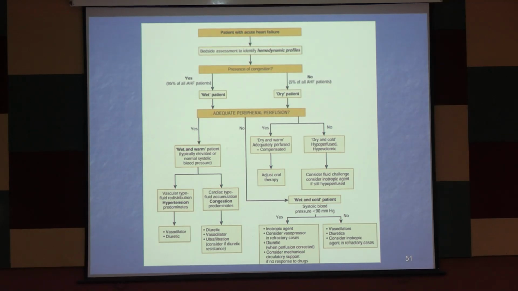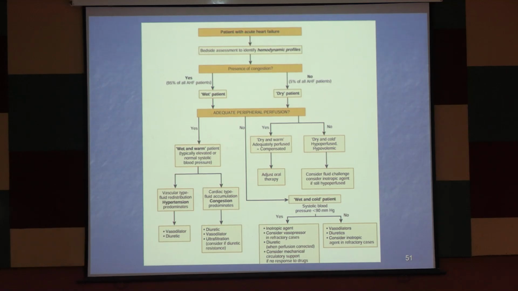Then check for systolic BP. If less than 90 millimeter of mercury, go for inotropic support, consider pressure therapy and diuretic therapy after correction of the hypoperfusion, and ultimately the mechanical circulatory support in the case of refractory cases.